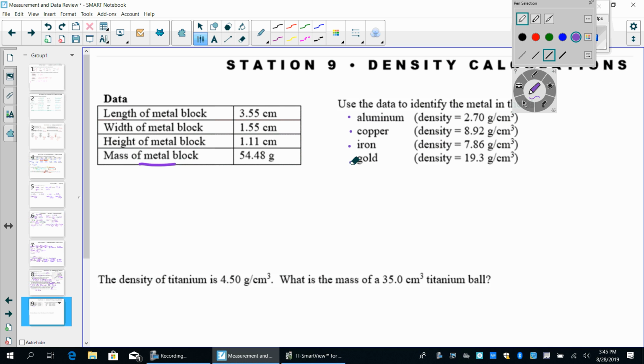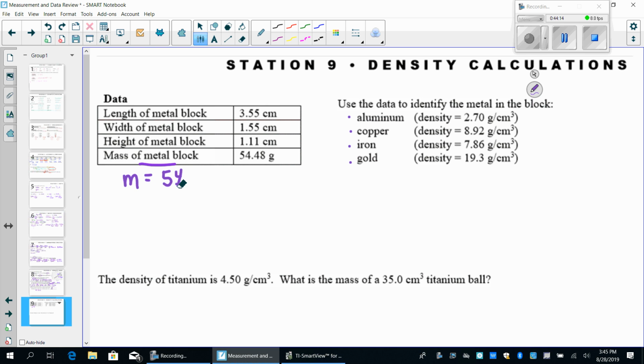So we know that the mass is 54.48 grams. It's a regularly shaped object, so length times width times height. And we're just going to multiply them together, so 3.55 times 1.55 times 1.11.